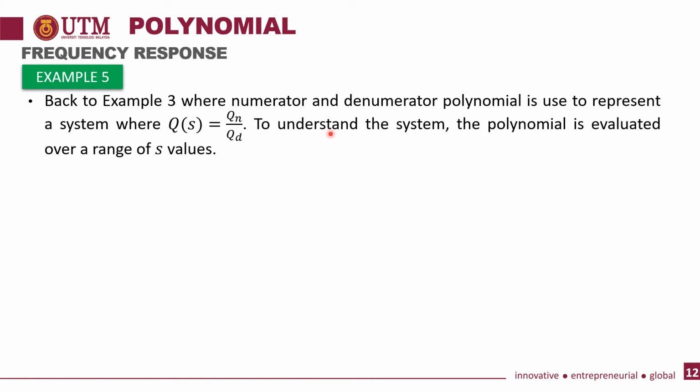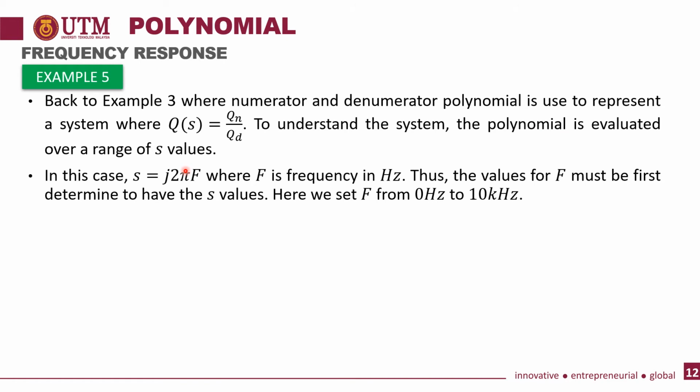To understand the system, the polynomial is evaluated over a range of s values. Right now we want to find the output of the system at certain s values. In this case, s is represented by j2πf, where f is the frequency in hertz. So your input s is given as j2πf, thus the value of f must first be determined to get the s value.